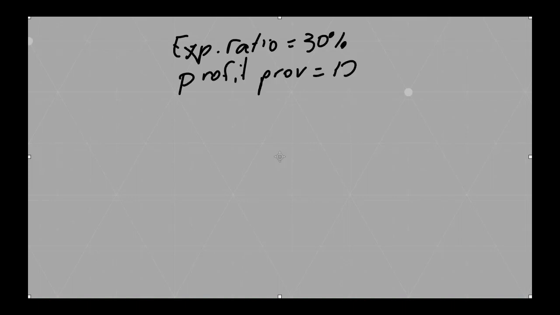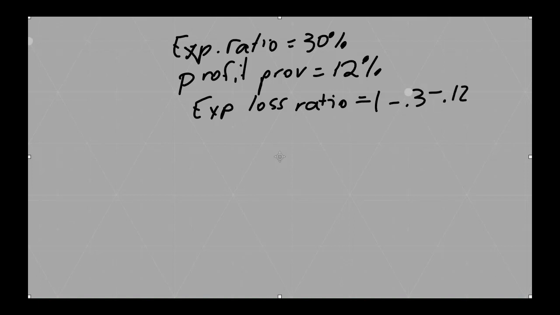So to calculate the indicated rate change using the loss ratio method, we're going to start by assuming that the expense ratio equals 30% and our profit provision equals 12%. So our expected loss ratio equals 1 minus 0.3, the expense ratio, minus 0.12, the profit provision. So that equals 0.58.